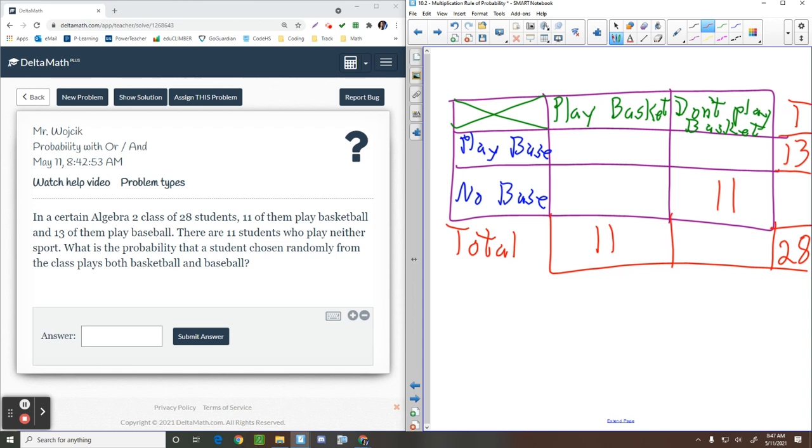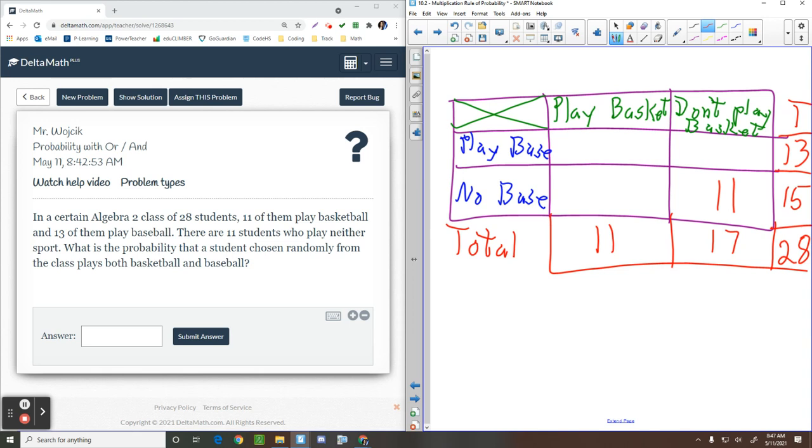Subtraction, right? Likewise, over here, of those who play baseball, if I have 28 total kids, 13 play baseball, how many don't play baseball? Ooh, now we're getting good. That's right. And then you can fill out the rest of the chart similarly.